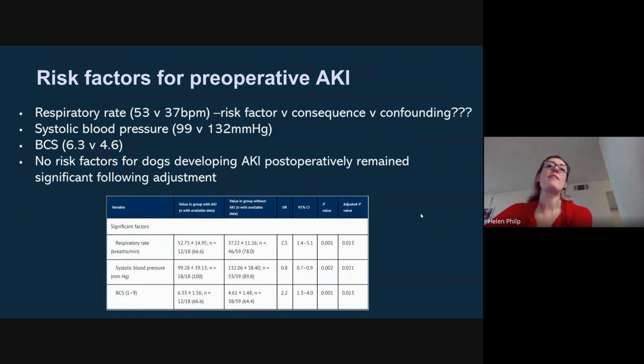Is it just that they've happened to present together, or they're sicker patients? The other finding they had was systolic blood pressure. So a lower systolic blood pressure was more likely in the dogs presenting with AKI, so 99 versus 132. And also a higher body condition score, so 6.3 versus 4.6 in dogs with AKI.